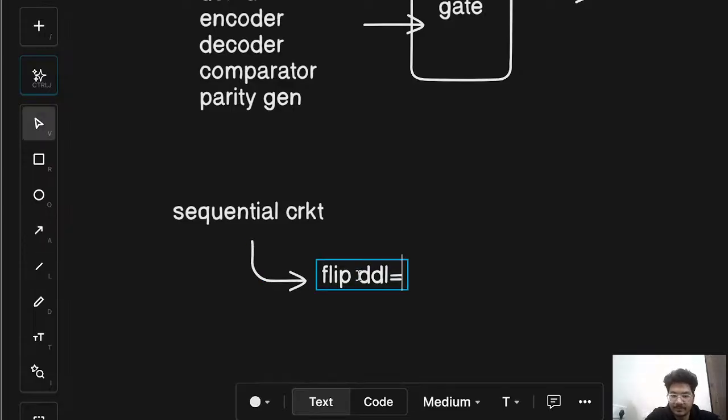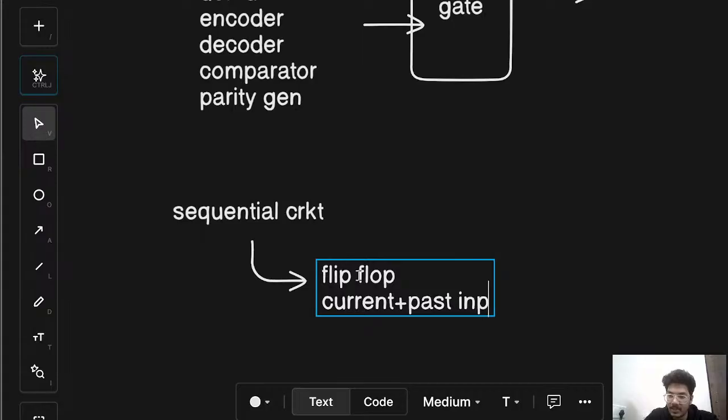Its output depends on the current plus past inputs, and a clock is needed. The difference: a combinational circuit depends only on the present input, whereas a sequential circuit has memory, feedback and a clock signal.